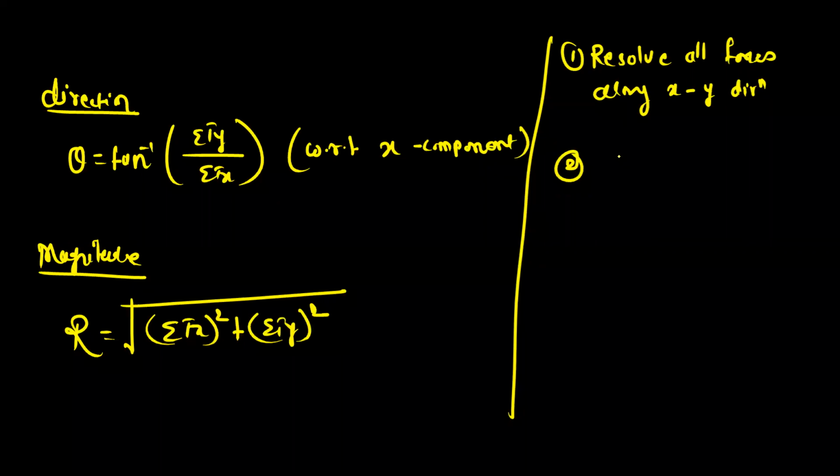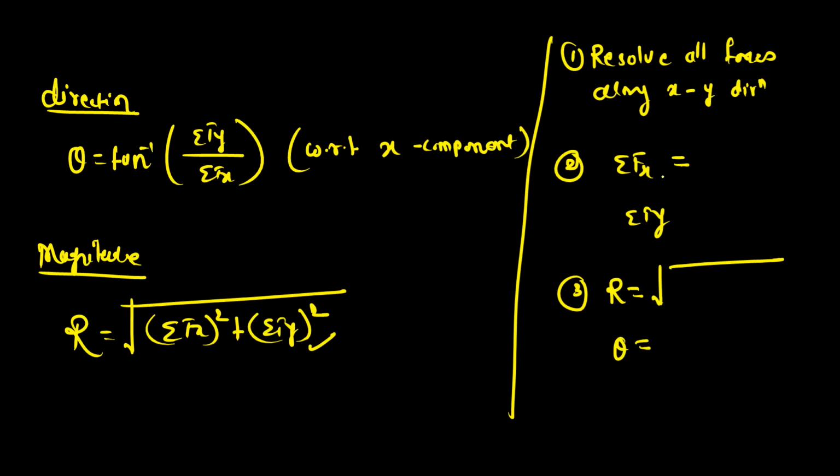Second is find out summation Fx and summation Fy. Third is use the formula R is equal to square root, that means this formula. Next, find out their direction theta. And depending on the sign, summation Fx is nothing but Rx, and summation Fy is nothing but Ry.